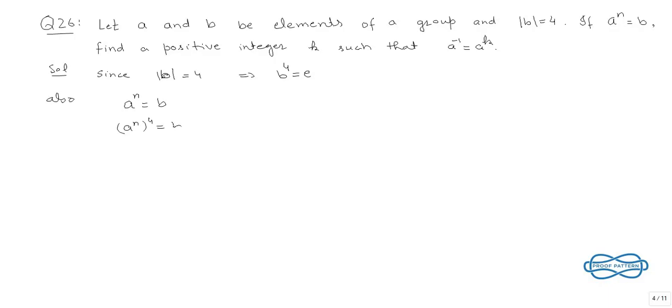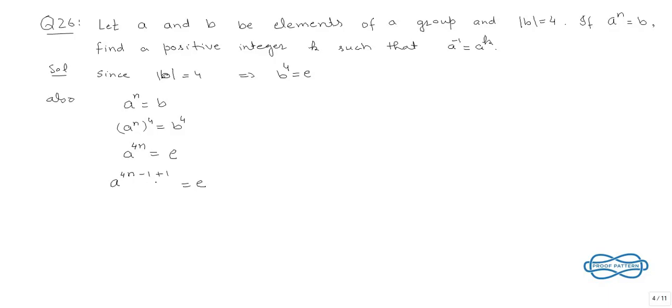we will get this. On the left side we will have A raised to power 4n, and on the right side, because B to the power 4 is actually identity, instead of B to the power 4 we put the identity. Now we can write A raised to power 4n minus 1 plus 1 is equal to identity.